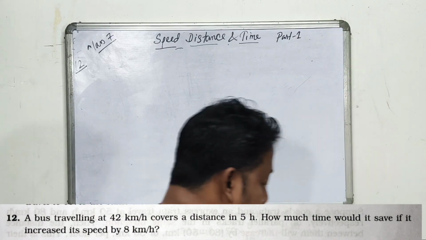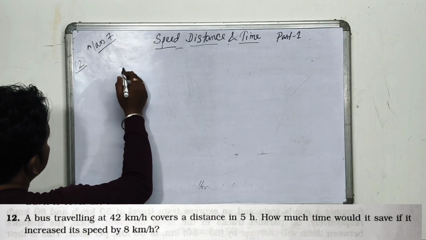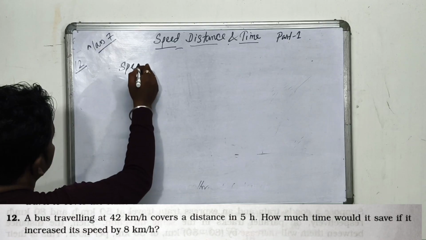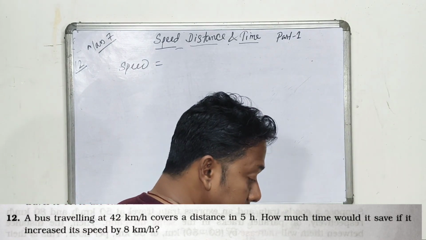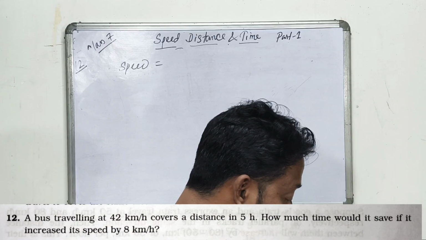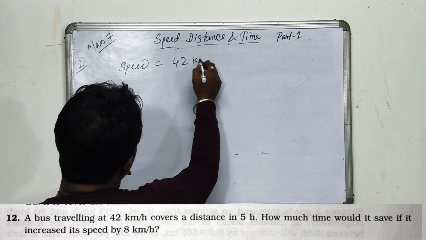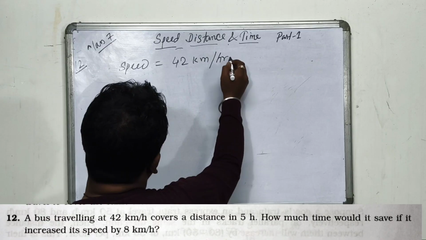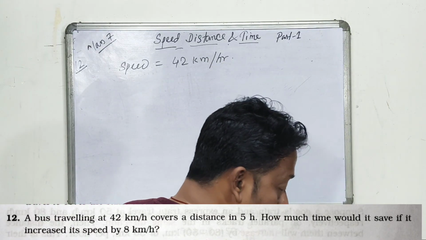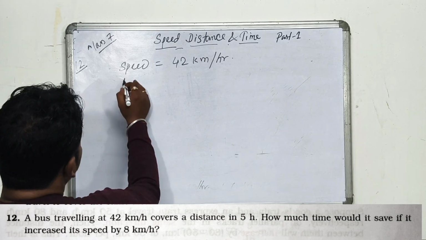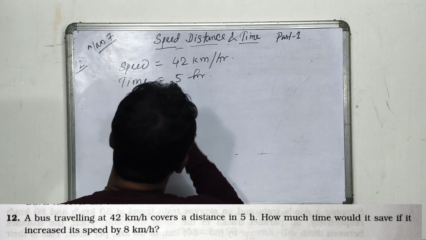Okay, here the speed of the bus is given, 42 km per hour, and the time is given, 5 hours.